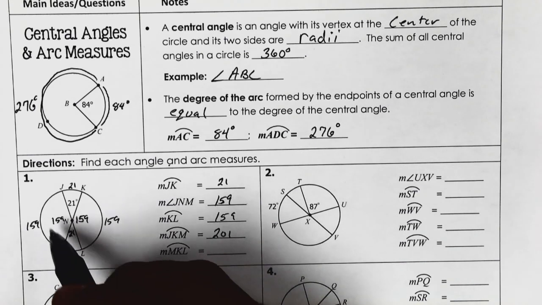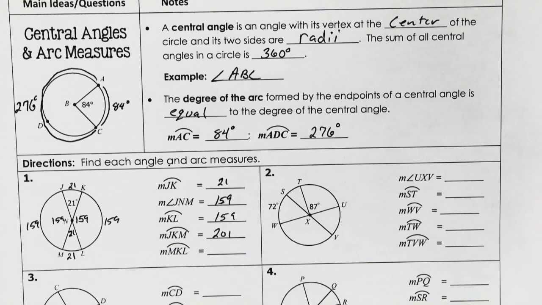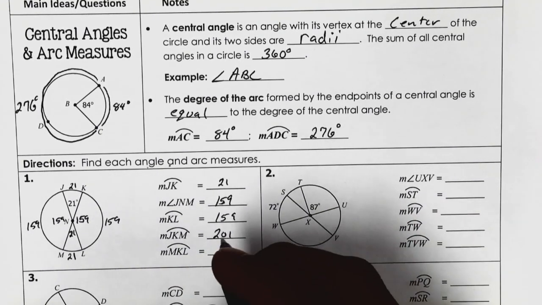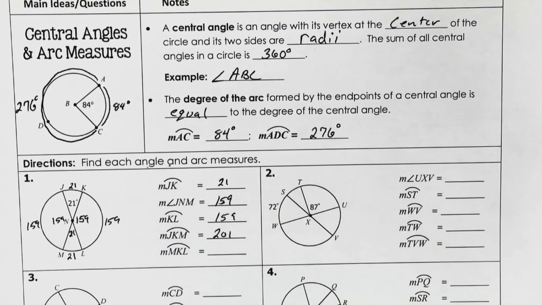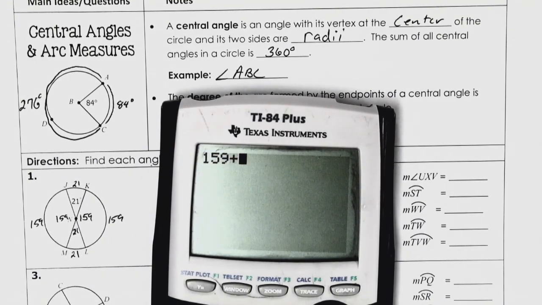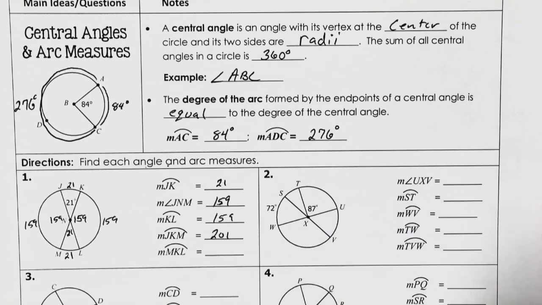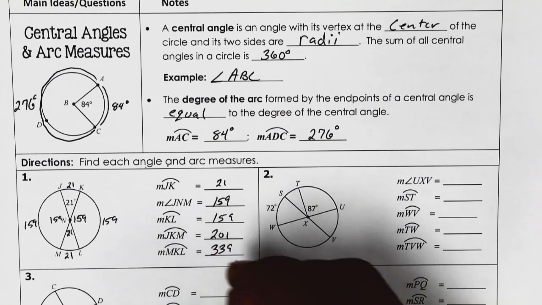Or since you're going all the way through the circle except for this part, you can just take 360 and subtract 21, because it does have to equal 360. Either way, you're going to see that it gives you the same answer. So that is 339.